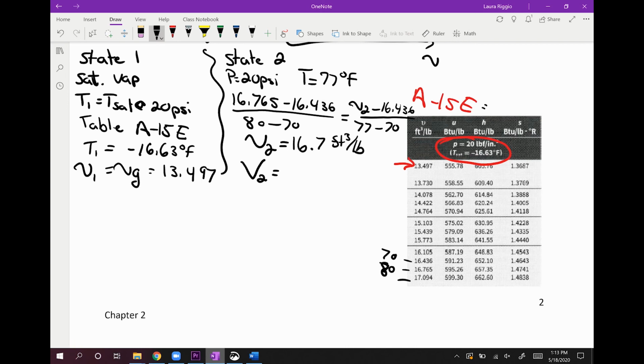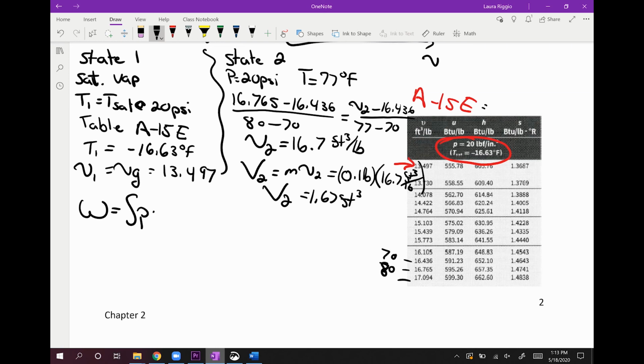So my volume at state 2 is my mass times my specific volume, which is 0.1 pound times 16.7 feet cubed per pound. So my volume at state 2 is 1.67 feet cubed. And the last part it asks for is our work.